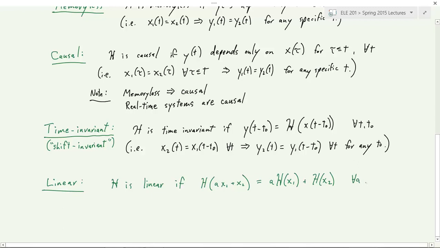With that, we've already discussed linearity before. Let's do the last two properties, and then we'll dig in and look at some examples.